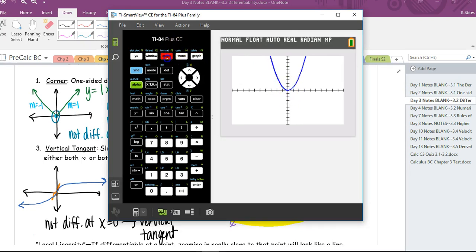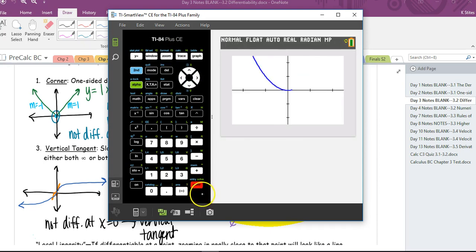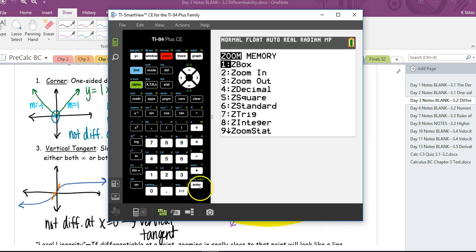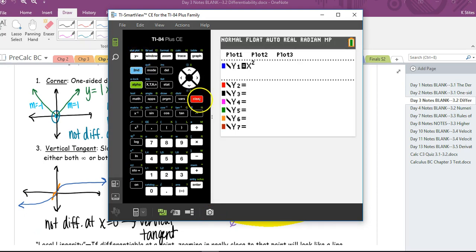If you're not sure, you can zoom in. Let me show you this local linearity. So you can already kind of see it right down there. Zoom in. So I'm zooming in on the vertex. And sure enough, see how it's becoming like a straight line? Okay, so that means we can take the derivative at that point.